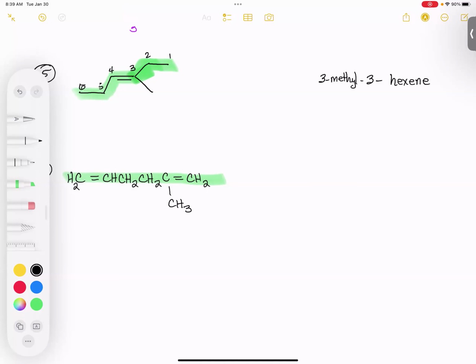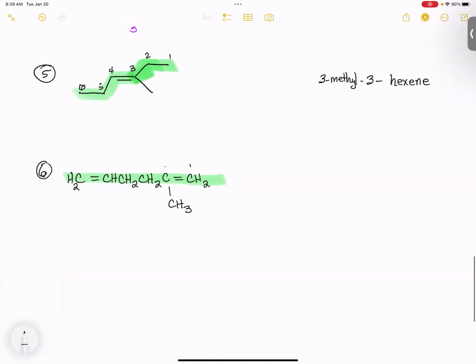So since it didn't matter on the double bond, I've numbered it so that I'd get the lowest substituent. So 1, 2, 3, 4, 5, 6. So this is going to be 2-methyl-1,5-hexadiene. Questions?